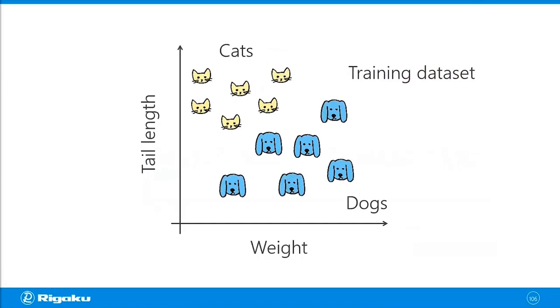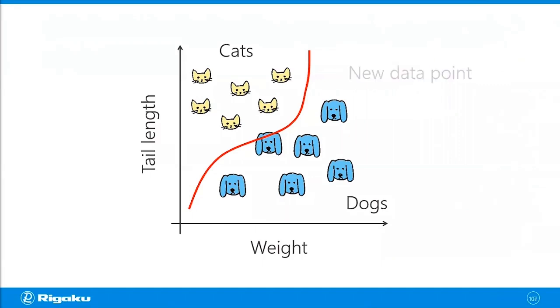Then you ask the machine to look at those data points and figure out a way to tell the difference between the two. For example, the machine would say, okay, this is the borderline between the two. If the input is on the left side, it's a cat. If it's on the right side, it's a dog. Now you have a trained machine that can tell the difference between the two.